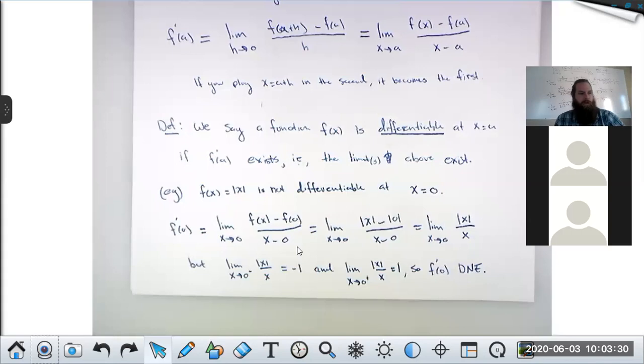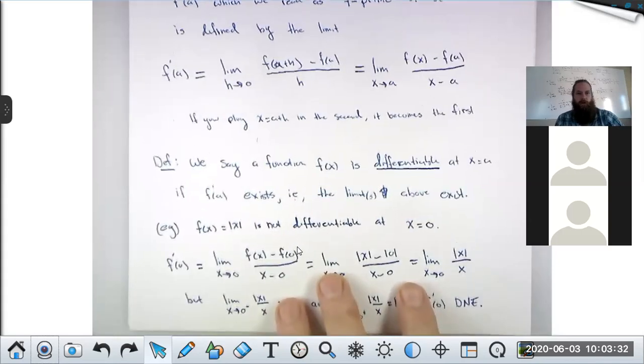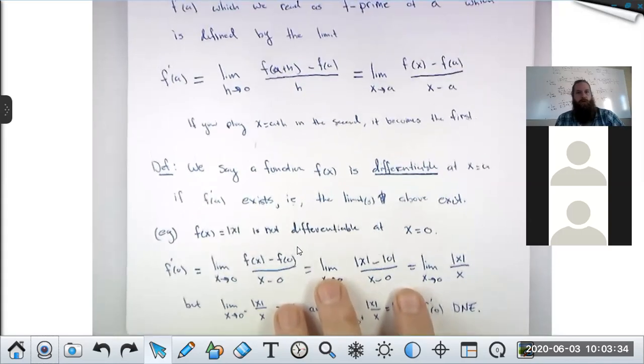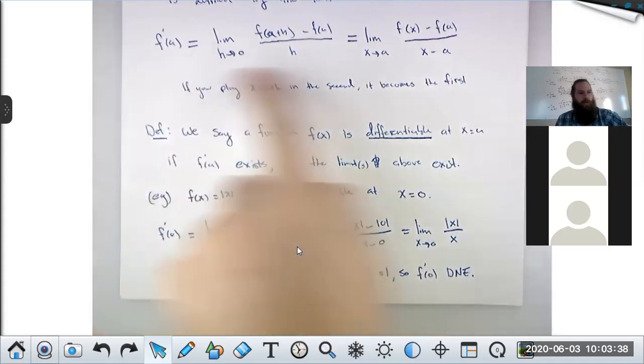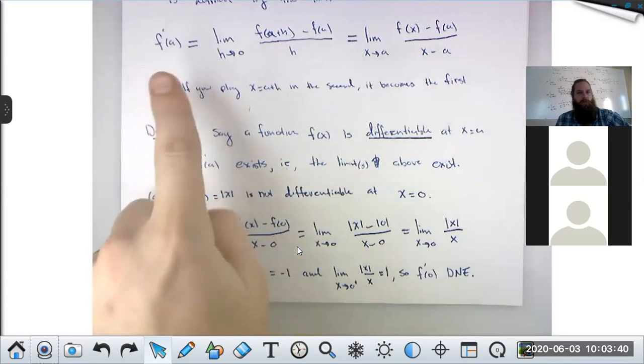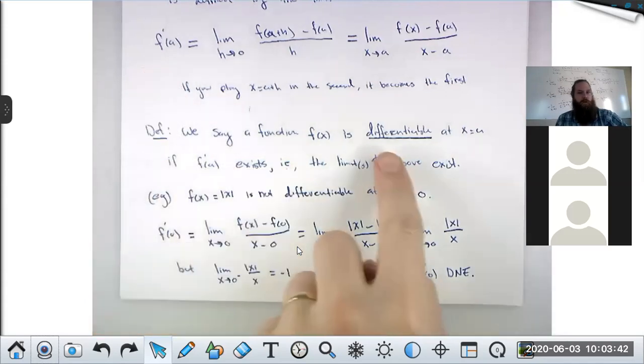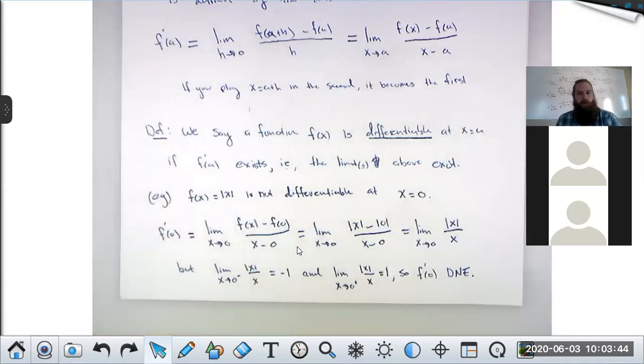So take a second, make sure you've got all this written down: the alternate definition of the derivative, both of these definitions, the definition of a differentiable function, what it means for a function to be differentiable, and then this example where we show that the absolute value of x is not differentiable.